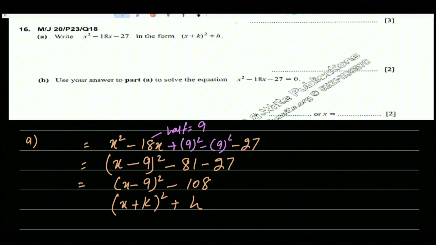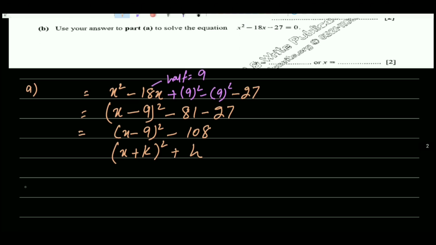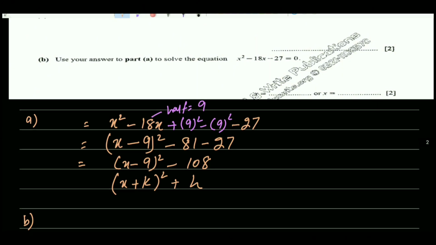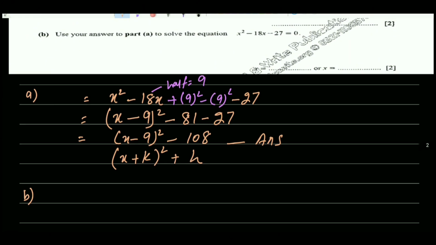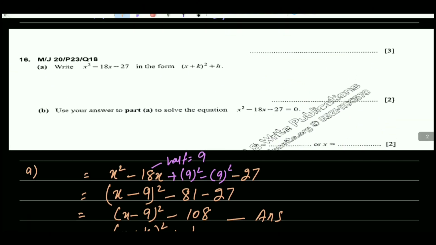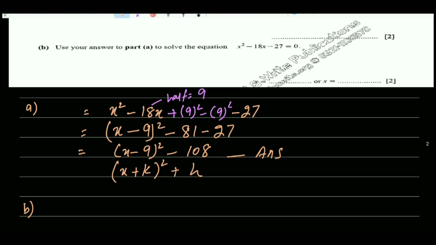What about part B? Part B is: use your answer to part A to solve the equation. Now we will use the answer of part A. In the first question that was the expression, and this is the equation now.